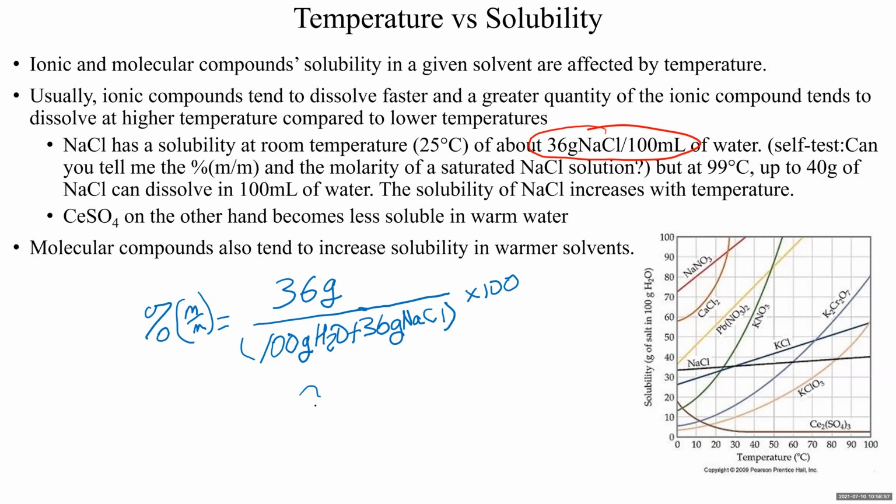And that would be about 26.5% NaCl for a saturated table salt solution. That would be a saturation. At room temperature, at 25 degrees Celsius, that's your saturated solution.